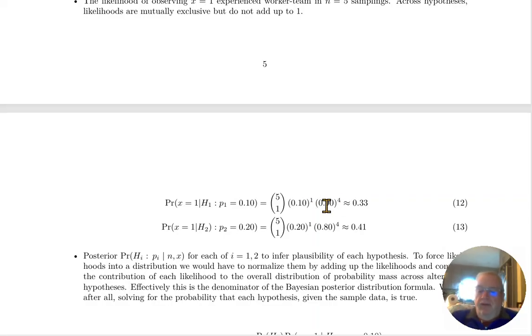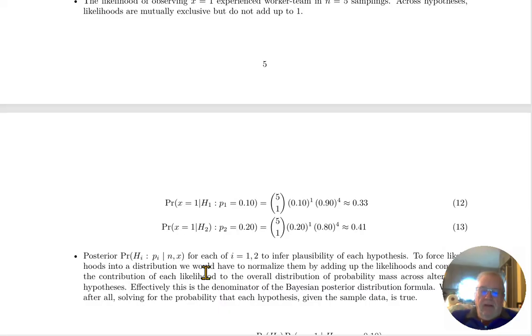The other four paths are at 90%, 1 minus 0.1. We do all of this and we get 33%. That's the score. And for hypothesis 2, the only thing that changes here is the 20, 80. 10, 90 become 20, 80, and you get 41%.